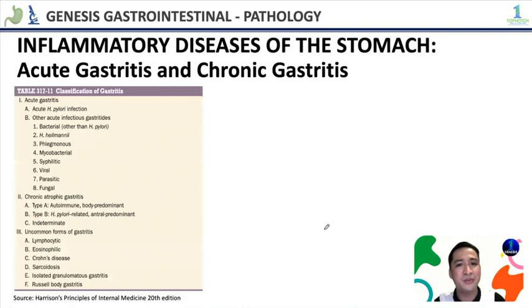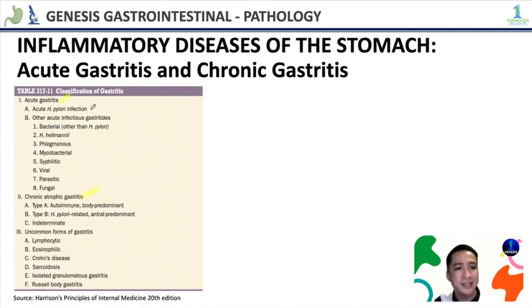So next, we have to define the different classifications of gastritis, and this image is lifted directly from Harrison's 20th edition. So we see here acute gastritis and we have chronic gastritis.